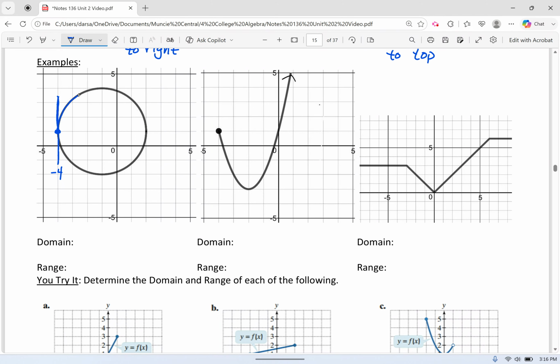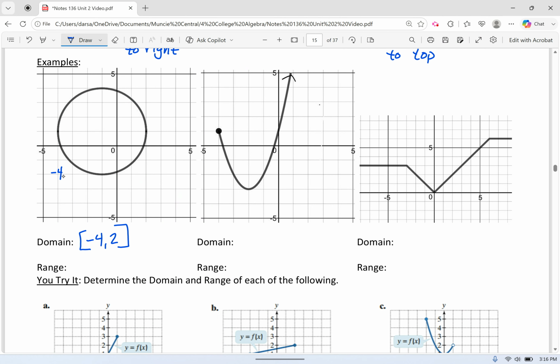And then you can see we have a solid line graph until we get to the last place from left to right where we have an x value on our graph. Well, here that x value is 2. So what is the domain of this graph? It is -4 to 2. And since there is a solid line here and here, we will include the -4 and the 2 in our interval notation.